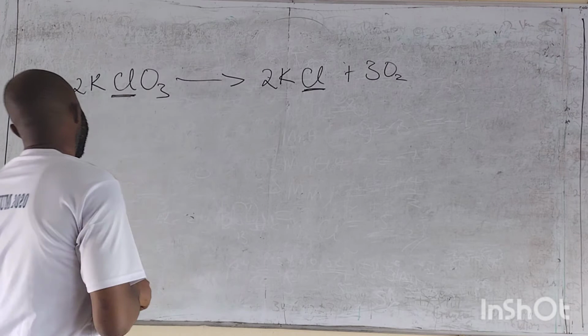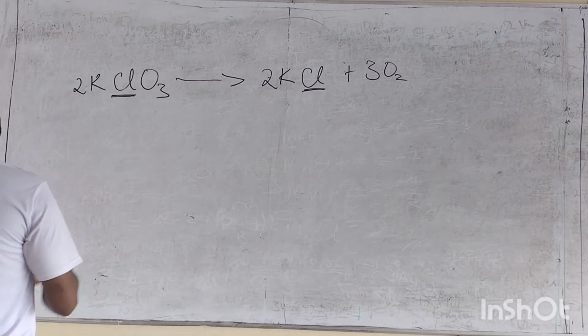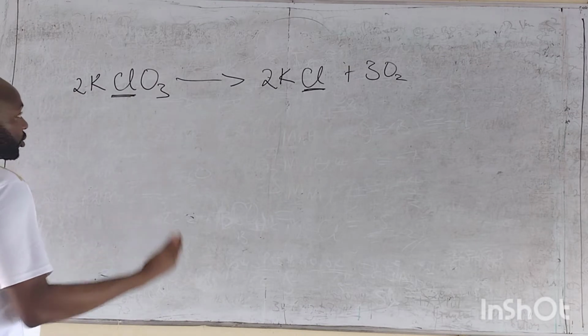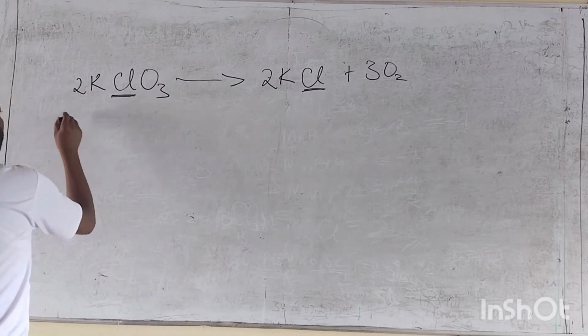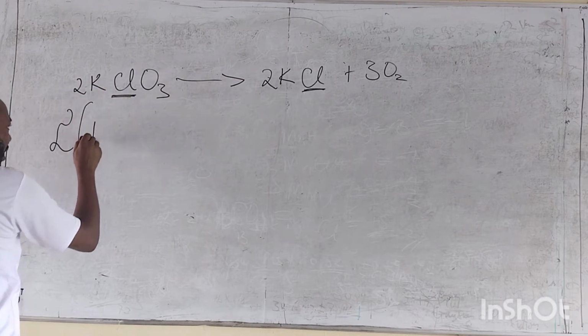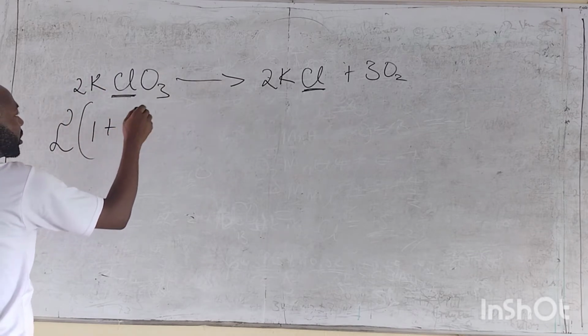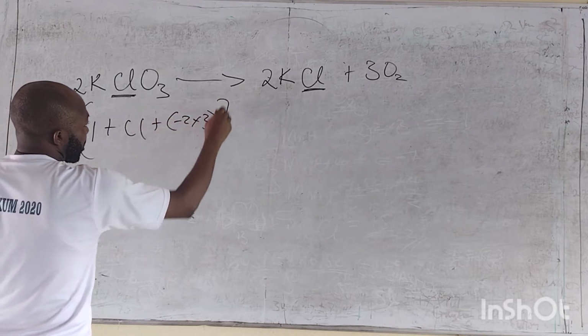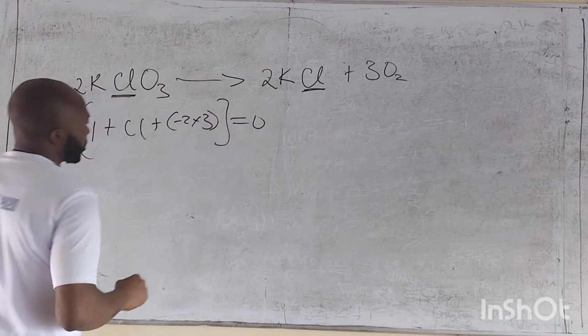Let's see what happens here. The 2 will go all through. I can as well just strike out the 2 because it's uniform. But then let's see. This is my 2. Potassium is +1 plus chlorine plus minus 2 times 3. All this equals 0.